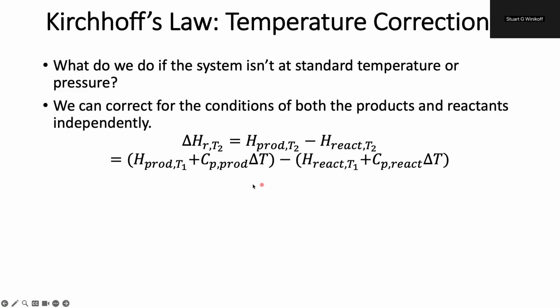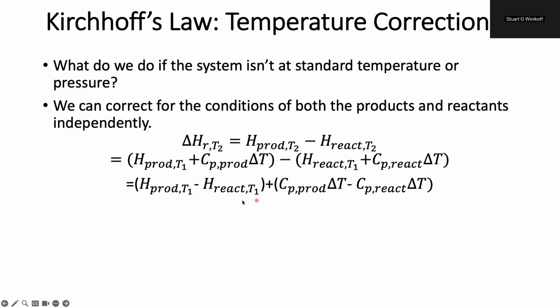Now what we can do is, hey, notice we have our enthalpy terms and we've got our heat capacity terms. So we're going to go ahead and do a quick mix and match. And we can say, hey, wait a minute. That just means I'm looking at the difference in enthalpies of the reactants and products at the original temperature, and I'm looking at the difference of the heat capacities times the change in temperature, for again, the products minus the reactants.